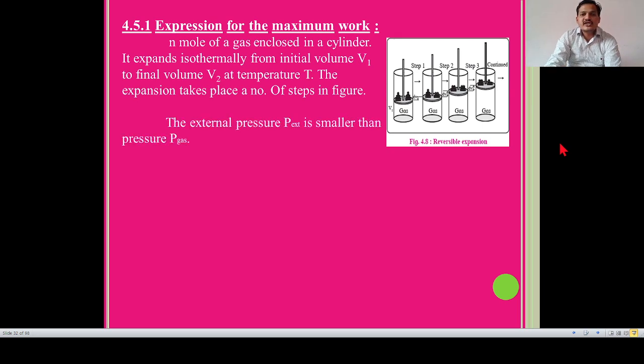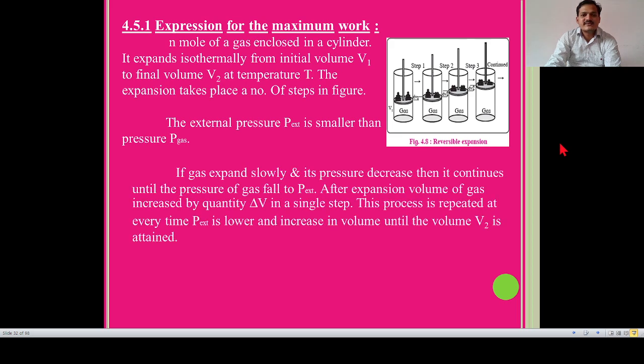The external pressure Pex is smaller than the internal pressure of the gas. If the gas expands slowly and its pressure decreases, this continues until the pressure of the gas falls to the external pressure. After expansion, the volume of the gas increases by delta V in each step. The process is repeated, and every time Pex is lower, the volume increases until the final volume is attained.